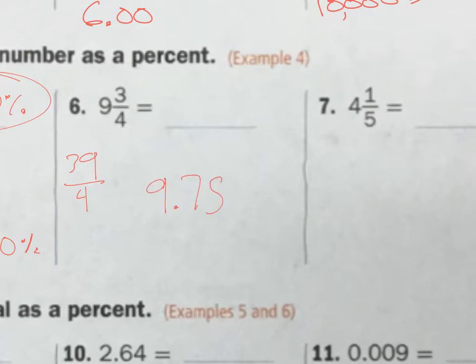But I want a percent, so I go over 1, 2, and I get 975%. That's a lot.